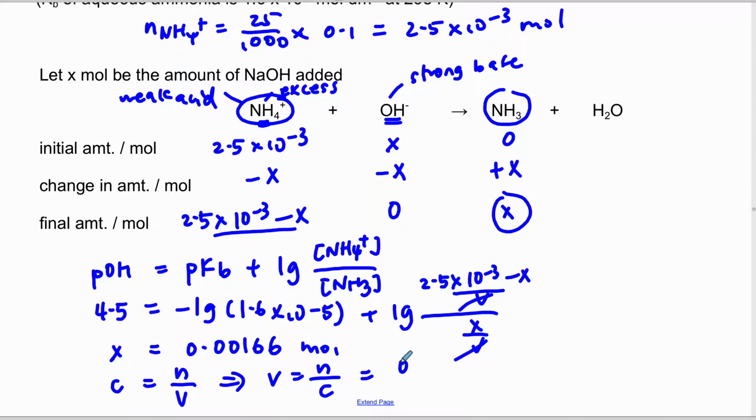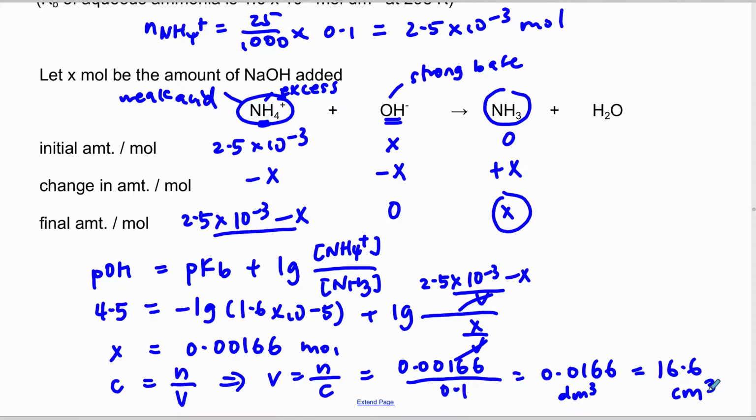The moles will be 0.00166, and the concentration is 0.1. That will give you a value of 0.0166 dm³, which is equivalent to 16.6 cm³, right? So this is how we do this question.